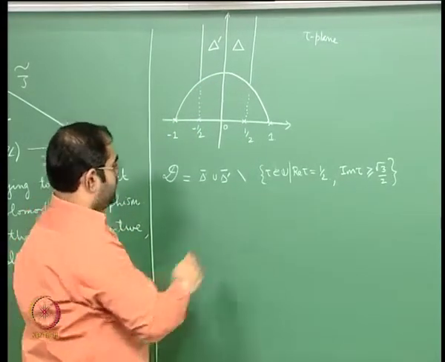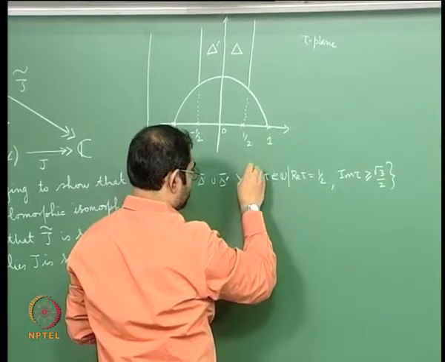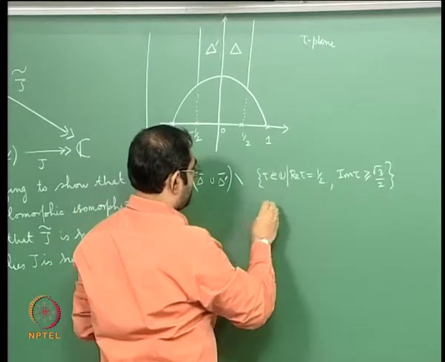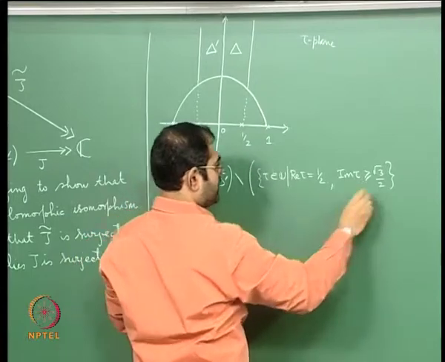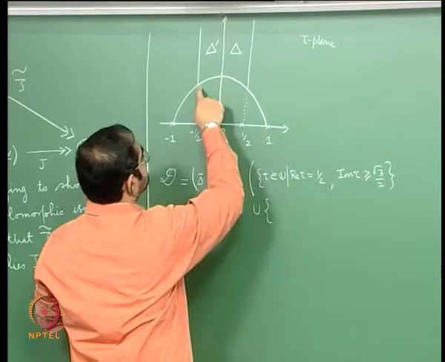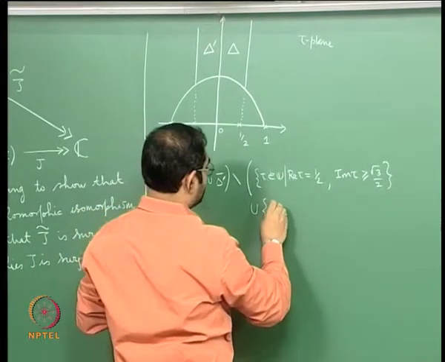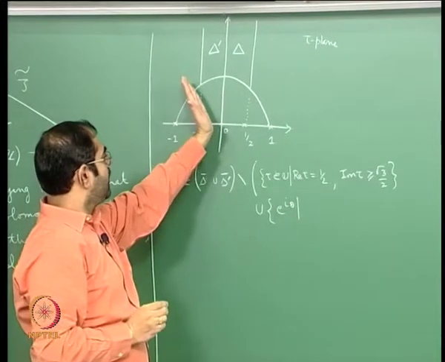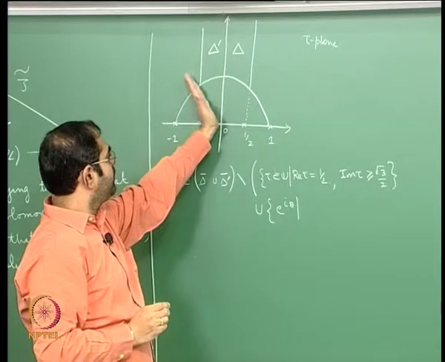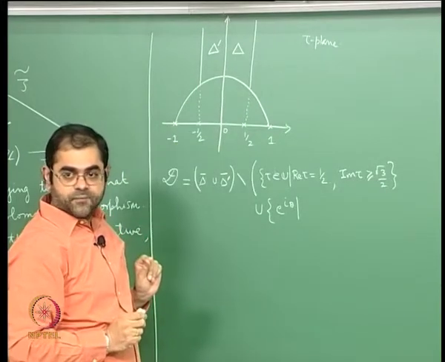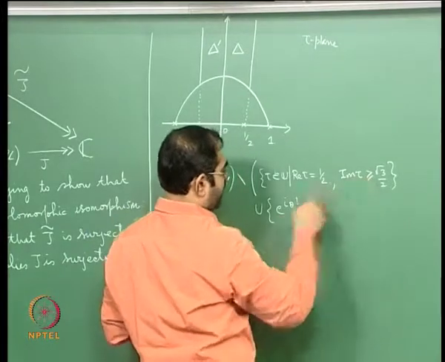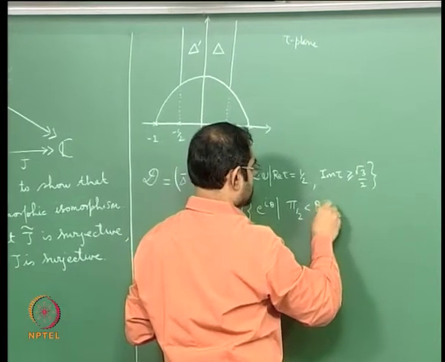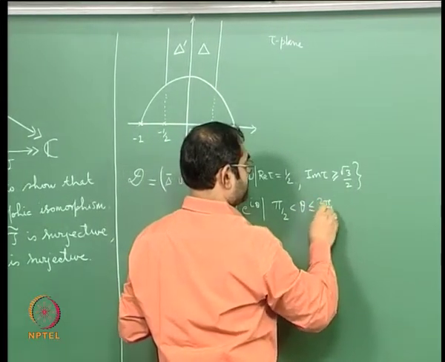So I also take away from this union this arc, which is the set of all e to the power i theta, with theta greater than pi by 2 and less than or equal to 2 pi by 3, okay. Of course one point is common, but anyway, pi by 2 is less than theta less than or equal to 2 pi by 3, okay.